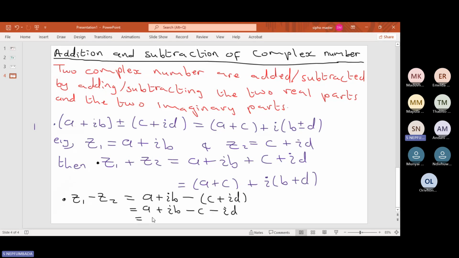Then when we subtract, the real by real, we're going to have a minus c, plus i into b minus d. The first one minus the first one, the second one minus the second one. Can we proceed to the next slide?